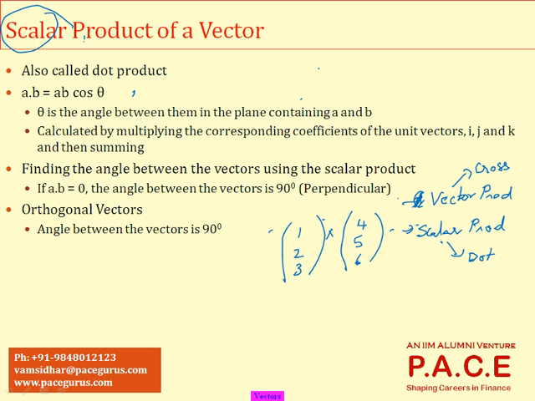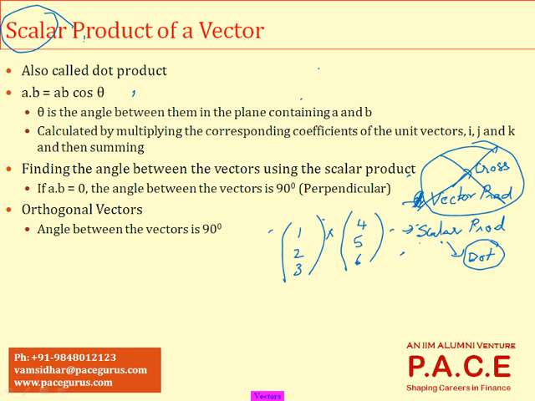But just to reduce your confusion, as far as AZ is concerned, we are not bothered about the vector product. We only look at the scalar product or the dot product between the two vectors.